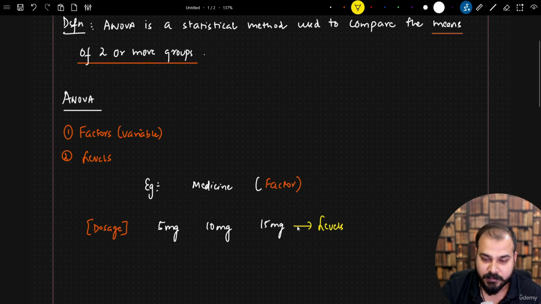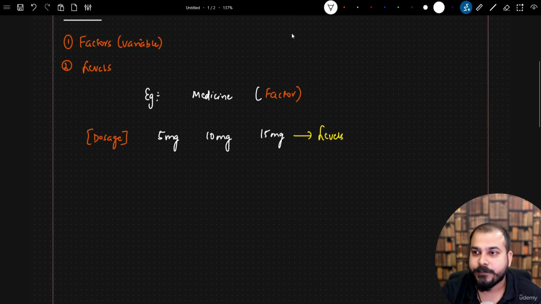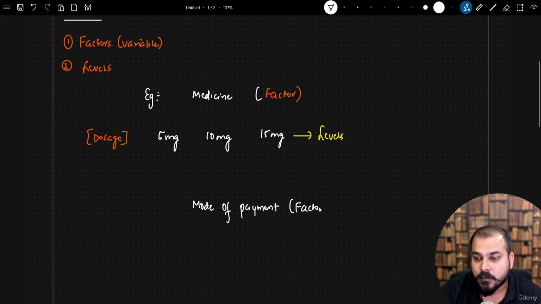One more example, a very good real world scenario: mode of payment. When I talk about mode of payment, this is also a factor. But with respect to mode of payment, you have different options. Some people pay using Google Pay, which is a UPI transaction.